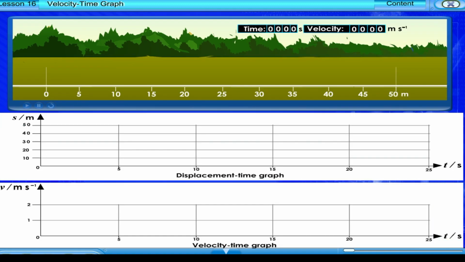What do you mean when you say that the man is jogging with a uniform velocity of 2 meters per second? Let us now plot the velocity versus time graph of this man.